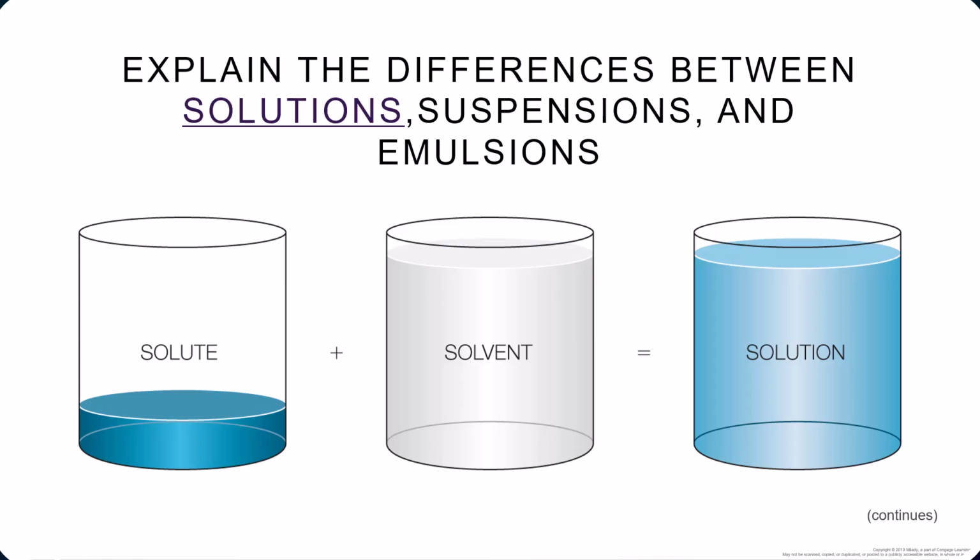So if we use our previous example of salt water, the solvent would be water and the solute would be the salt, and combined it would make a solution of the salt water.